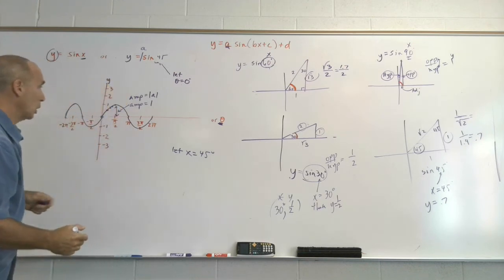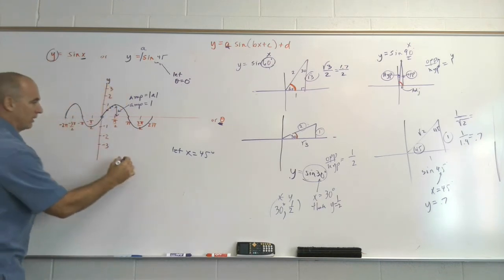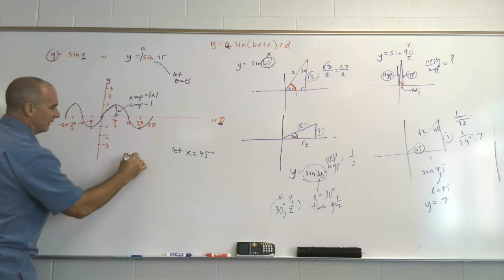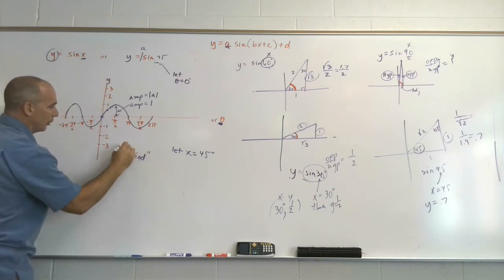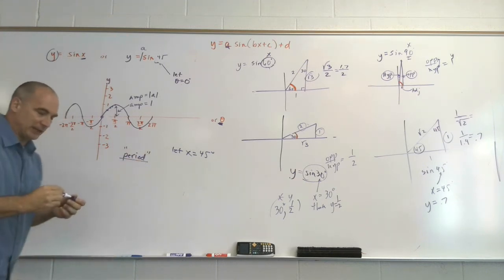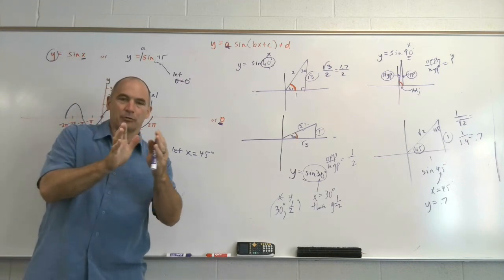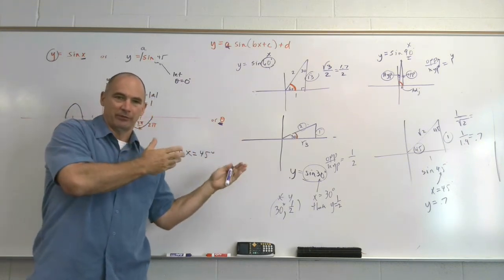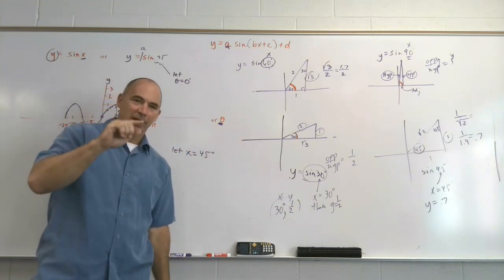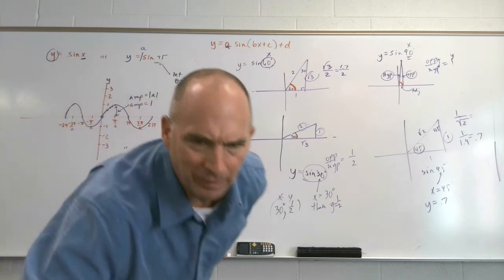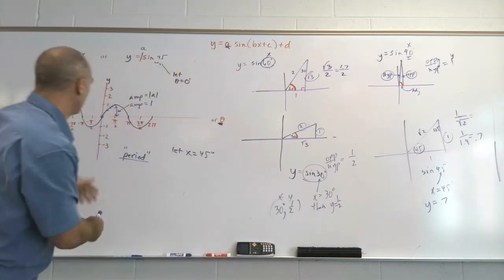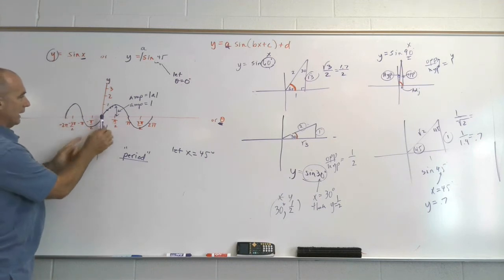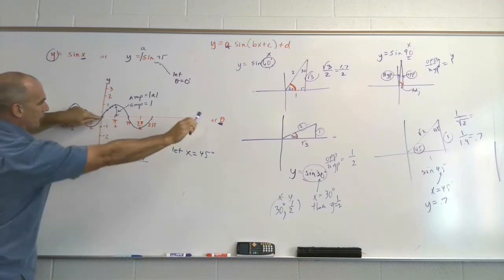There's your amplitude. Okay. There's another thing I want you to understand, it's the word period. Period is the amount of time in degrees or radians it takes this graph to complete one cycle. So let me check the time. All right. So I look at this drawing and I say, all right, I'm going to start here and go to the right.